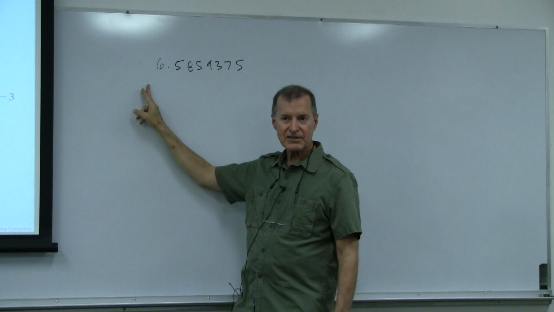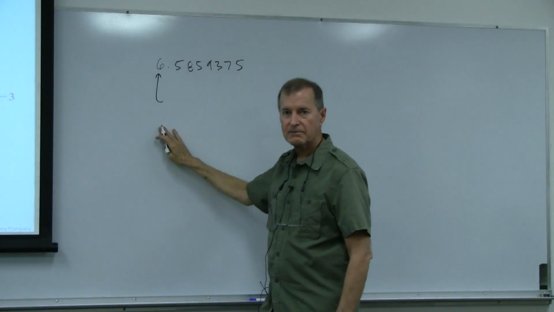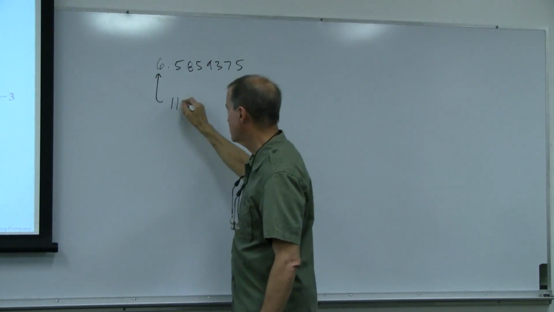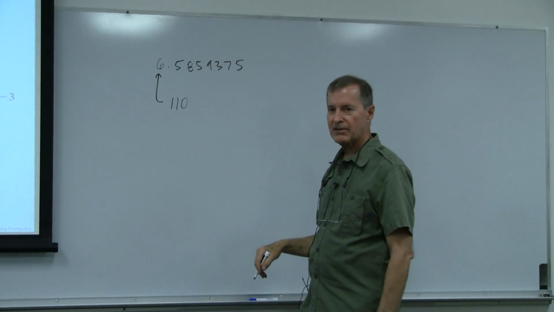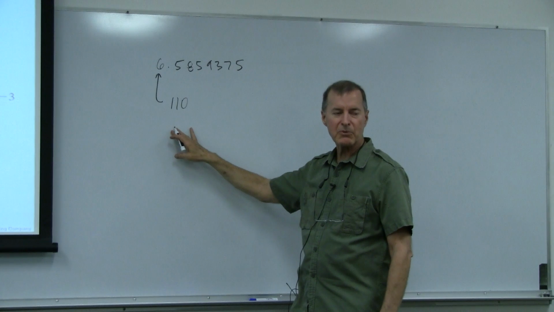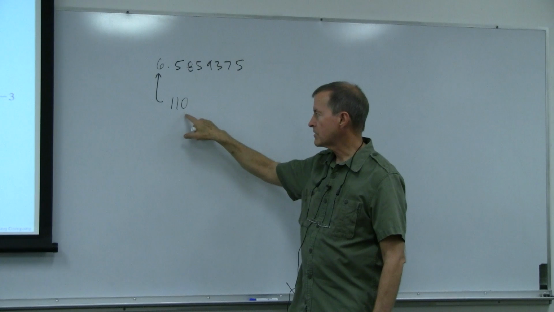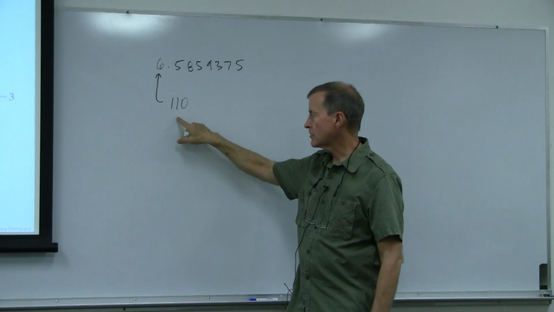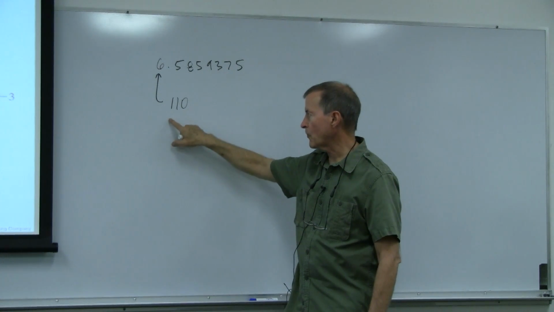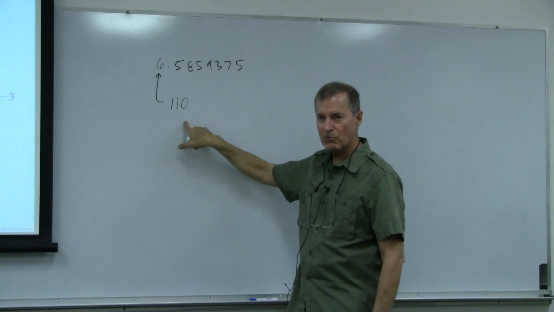So 6 in decimal is what in binary? 110. You knew this because this is the 1's place, the 2's, the 4's, and 2 plus 4 is 6, and no 1's place.